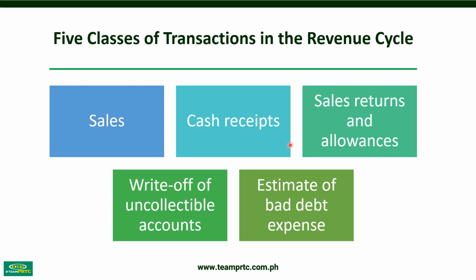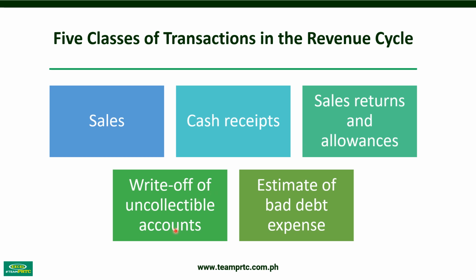The third one, sales returns and allowances, is typically regarded as not material in most audits. But if the auditor believes that sales returns and allowances are material to an entity, then this could also be tagged as a significant class of transaction, depending on the assessment of the auditor.